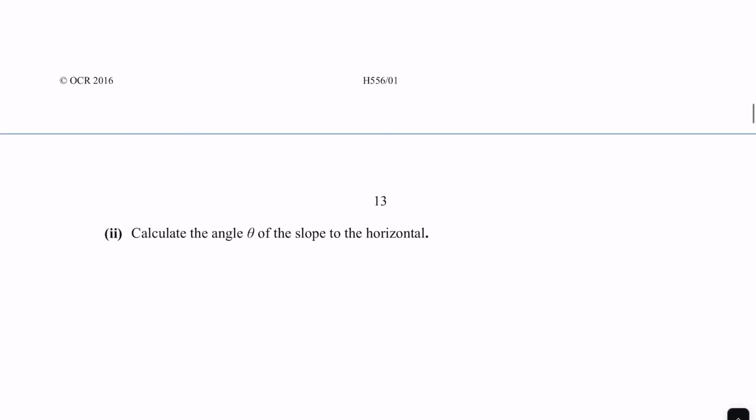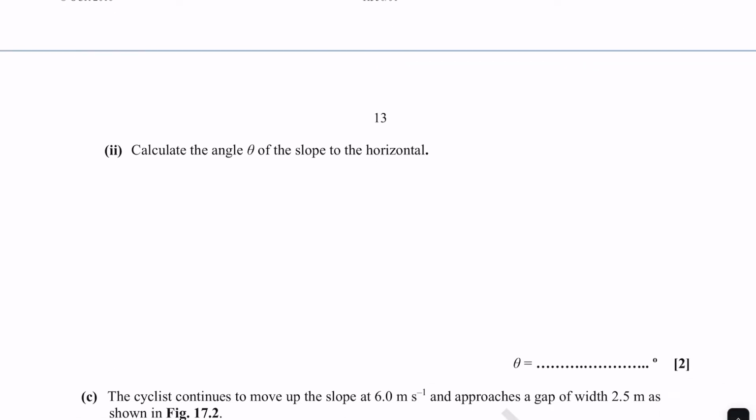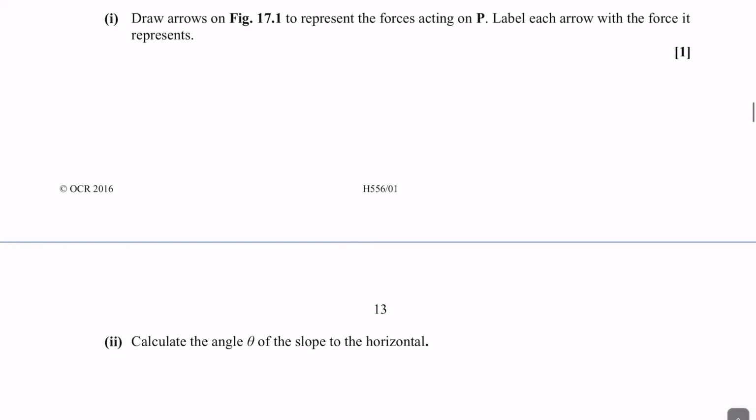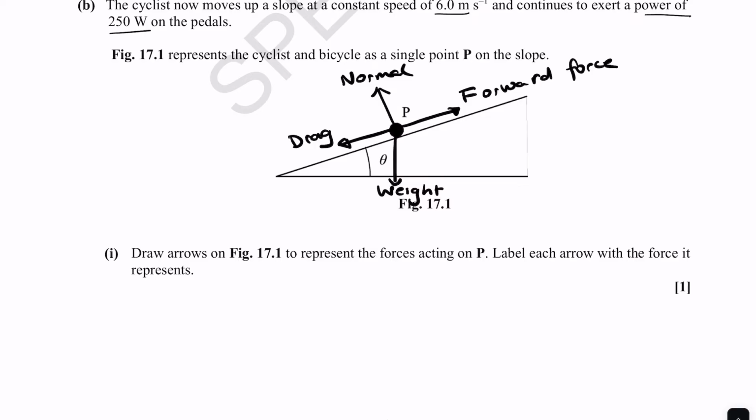Now, part II says calculate the angle of the slope to the horizontal. So I just need to consider the forces here. Resolving the weight will help me get what's happening along the plane. I know that there's a force acting this way. I should probably draw it as a triangle, as a lot of students prefer that. And then there's a force acting this way.